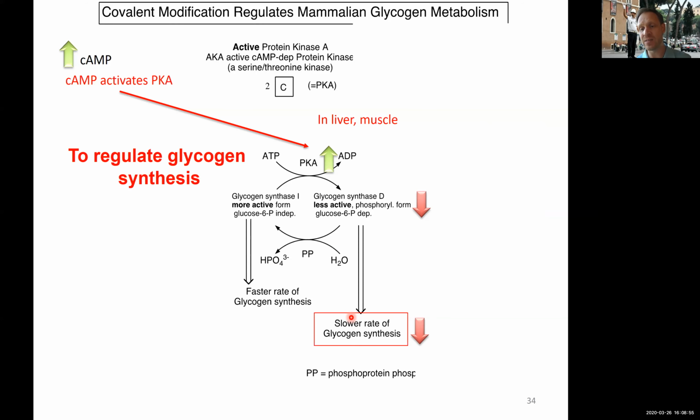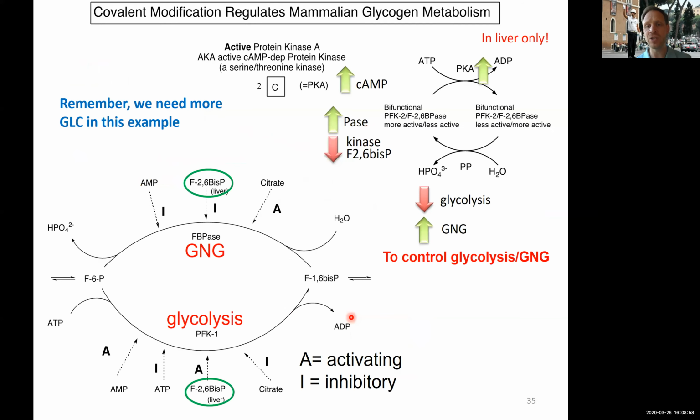The muscle now has another trick up its sleeve. The muscle actually does an additional thing. And so keep in mind, right, we want to make more glucose here for our entire system. So in the liver only, and the muscle prevents that. It has this trick that it can prevent this. We're actually here now increasing cyclic AMP again.